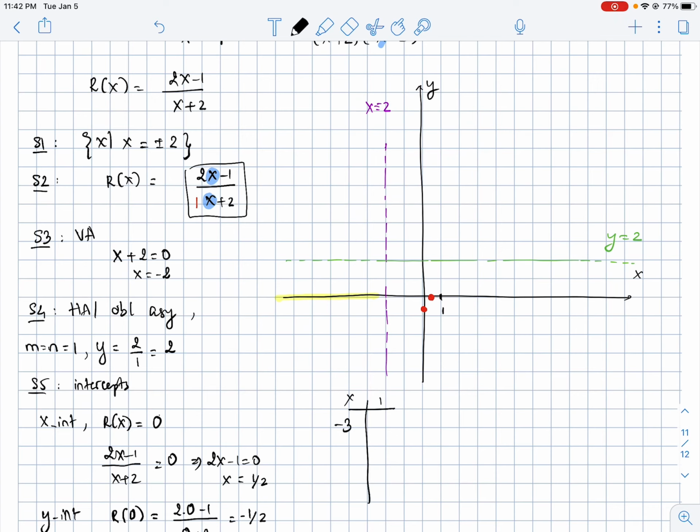So when we input negative 3, we will get positive 7. So the point negative 3, 7 is right here.